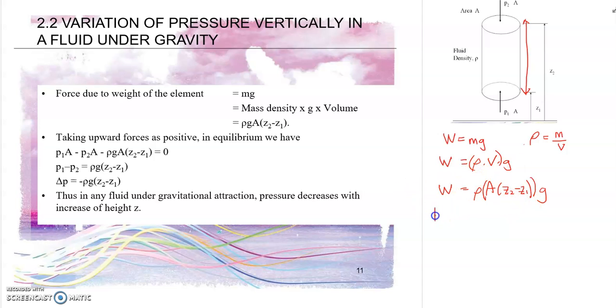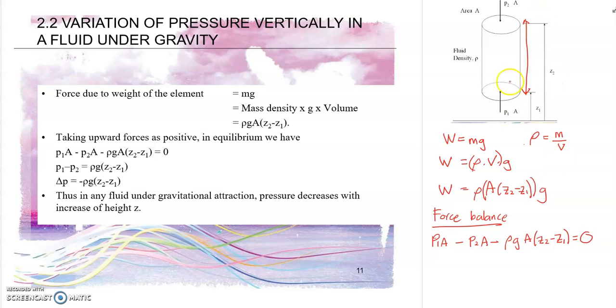So if you do the force balance in the Z direction, first you have one force acting upward, which is positive, so P1A, minus P2A, one on the top, and the other one is your weight, rho g A (Z2 minus Z1), equal to 0.